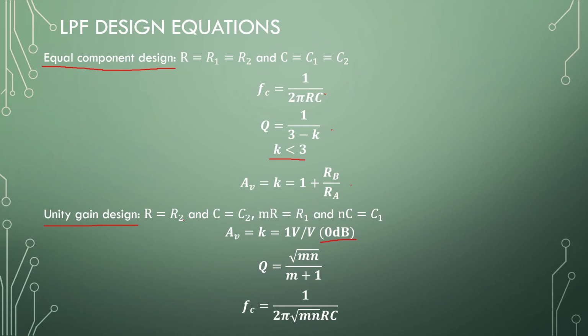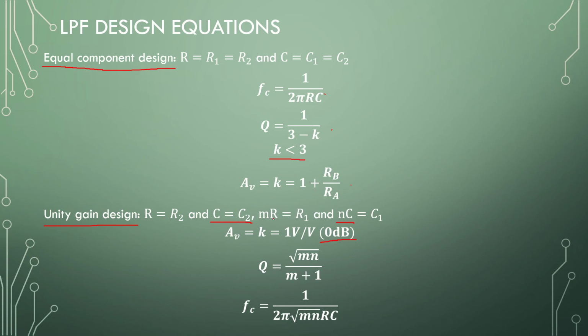So if you set R2 equal to R, R1 becomes M times R. Same with the capacitor, N times the capacitor. So the ratio of components will make up your Q factor, and it will make up your cutoff frequency.